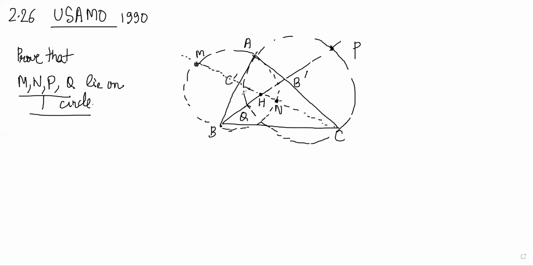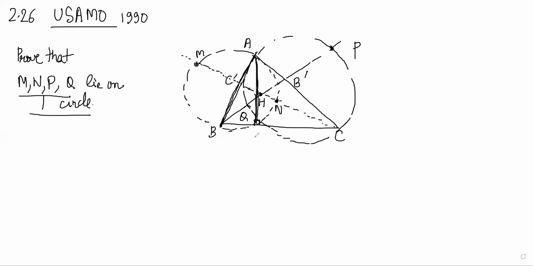Think about what is the consequence of AB being a diameter. If you drop a perpendicular from A to the opposite side BC, it is an altitude of the triangle, so it has to pass through H, right?